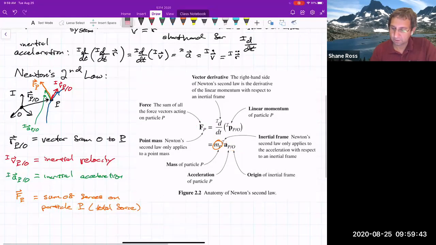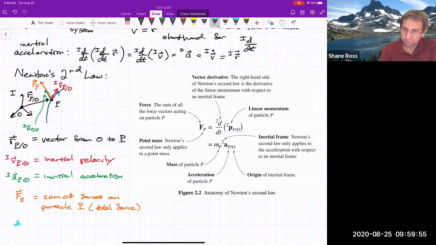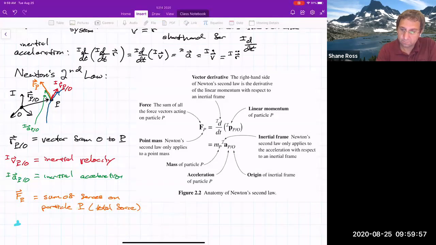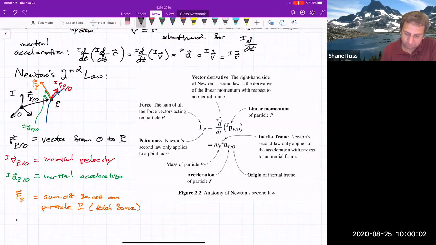And another way to write this is to introduce something that we call the linear momentum of particle P. And this is just the mass of particle P times the inertial velocity of particle P with respect to the origin.